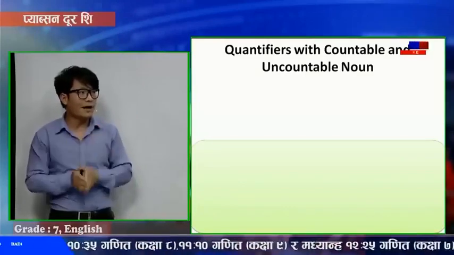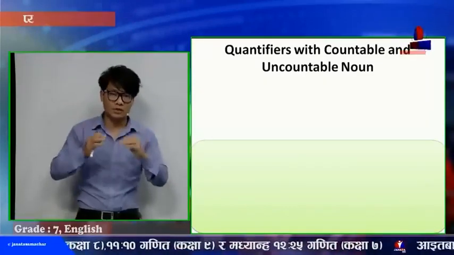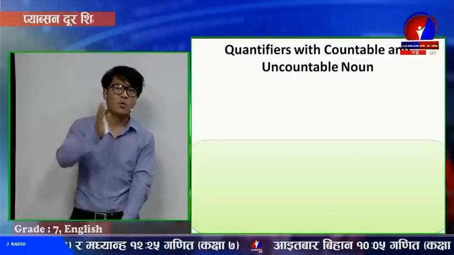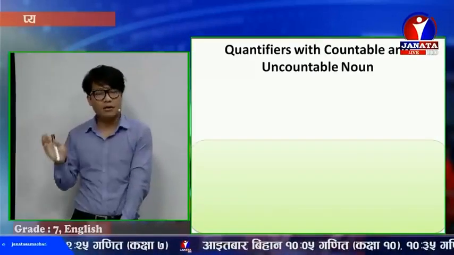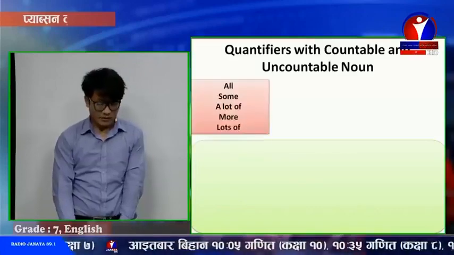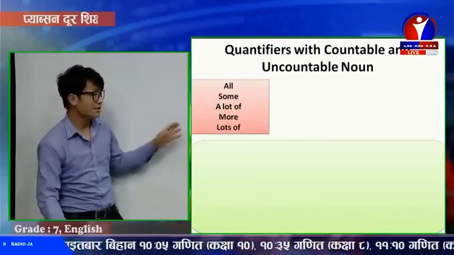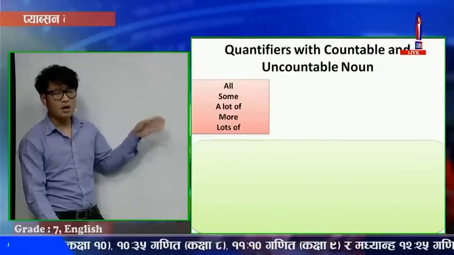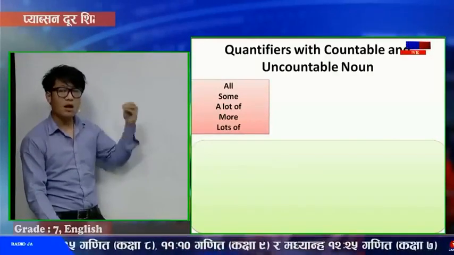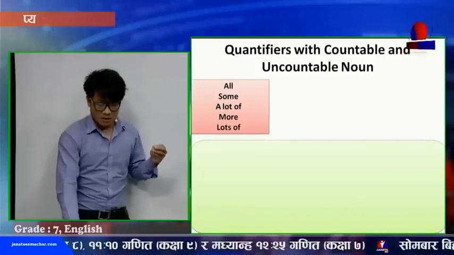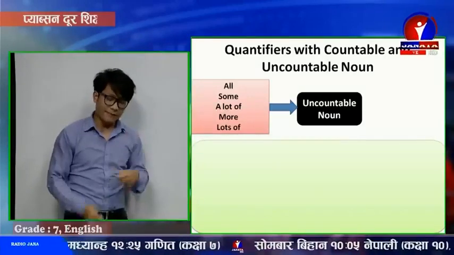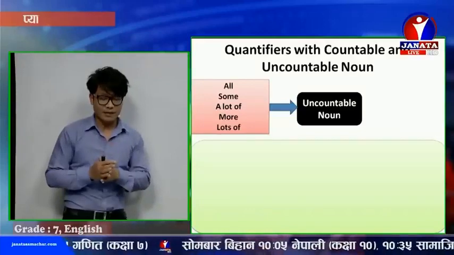Now we are going to learn how to use quantifiers with countable and uncountable nouns. First of all, see the quantifiers: all, some, a lot of, more, and lots of.